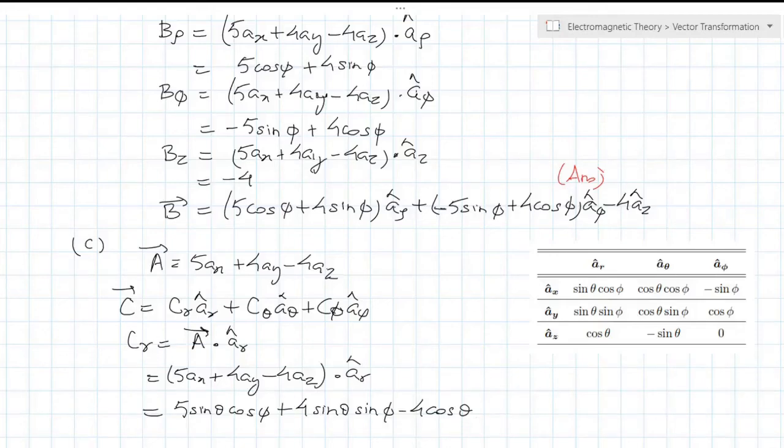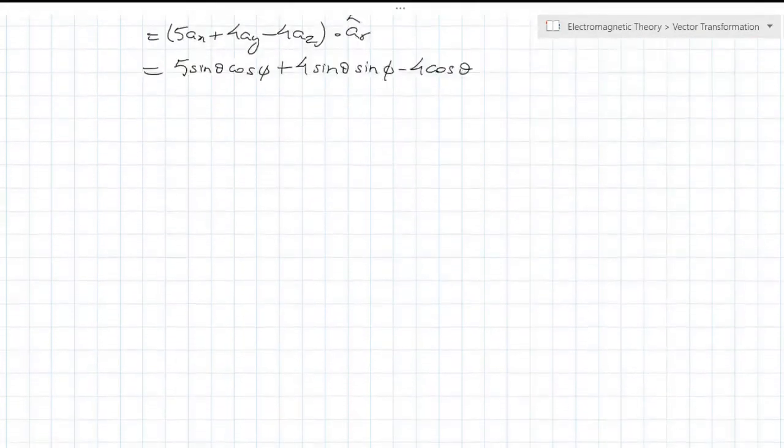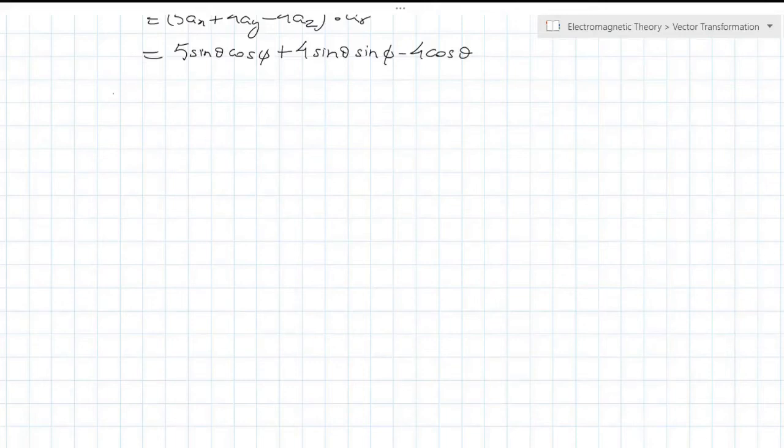Now let us find the next part, which is C theta. C theta will be A dot multiplied with A theta.